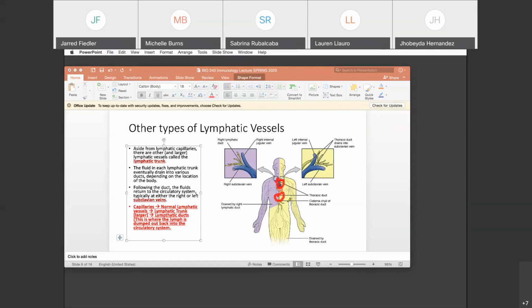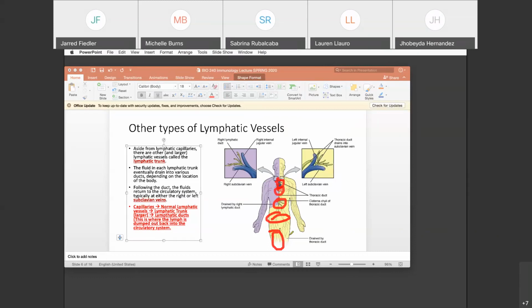And down over here, the cisterna chyli. The cisterna chyli is part of the thoracic duct. This is going to be collecting, or at least exiting out, all the fluids it's received from the abdominal area as well as the lower extremities.